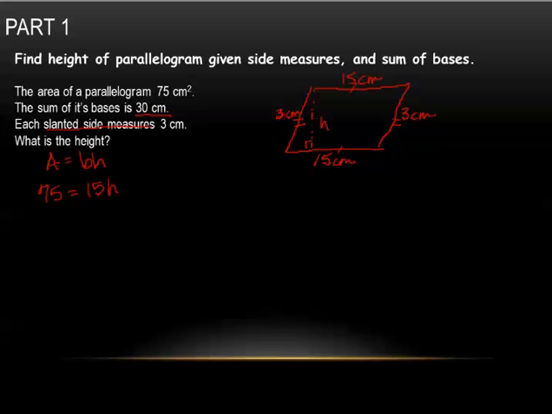That's what I'm trying to figure out. So whenever you're given problems like this, you're going to just plug in the information you know and then solve for what's left. That's all you've got to do. So I believe when you divide both sides by 15, I believe you get 5. Y'all might want to check my math on that. But I'm pretty sure that's what it is.